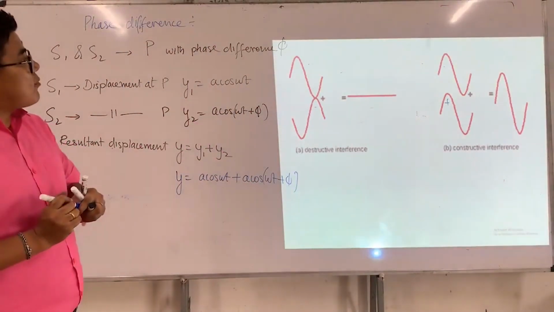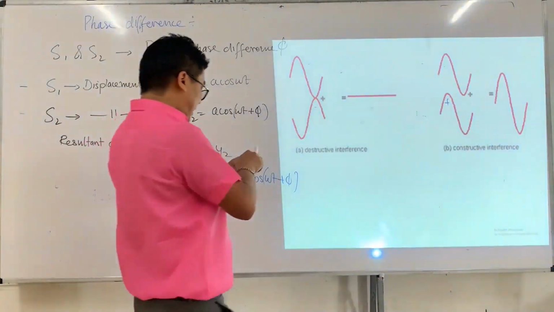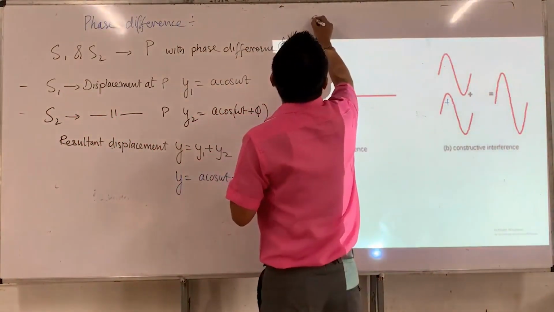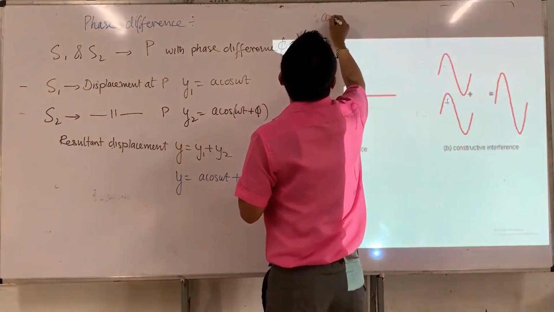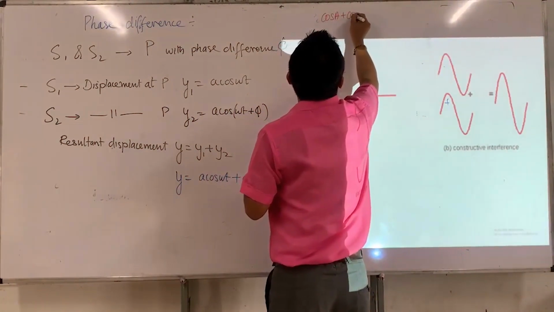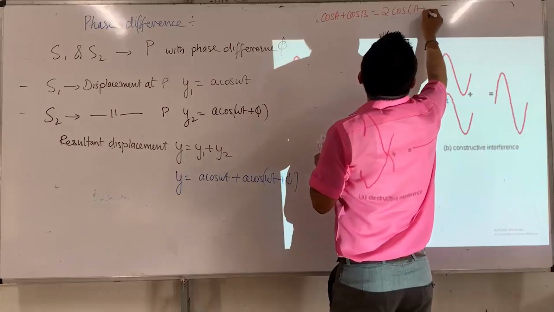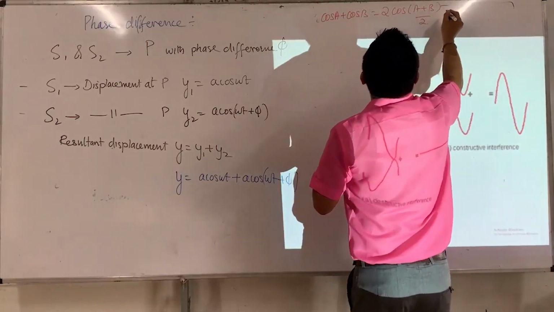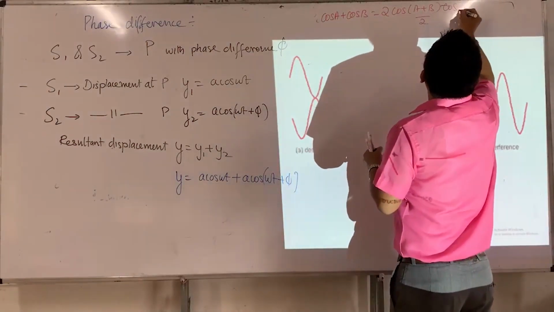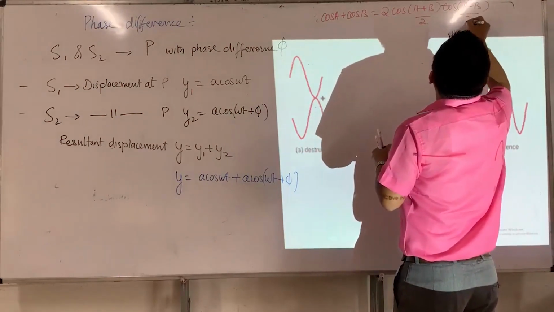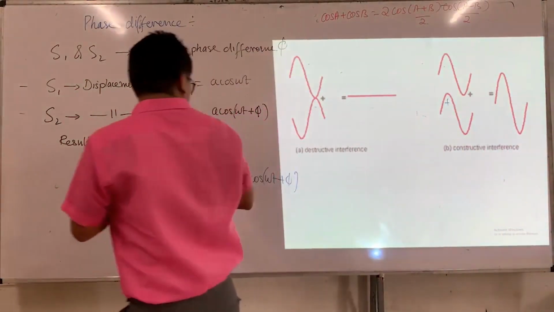And this is the trigonometric identity. If I write it on the board, I think you have done this in a lower class, that cos A plus cos B is equal to 2 cos ((A plus B) divided by 2) cos ((A minus B) divided by 2). This is done in a lower class.